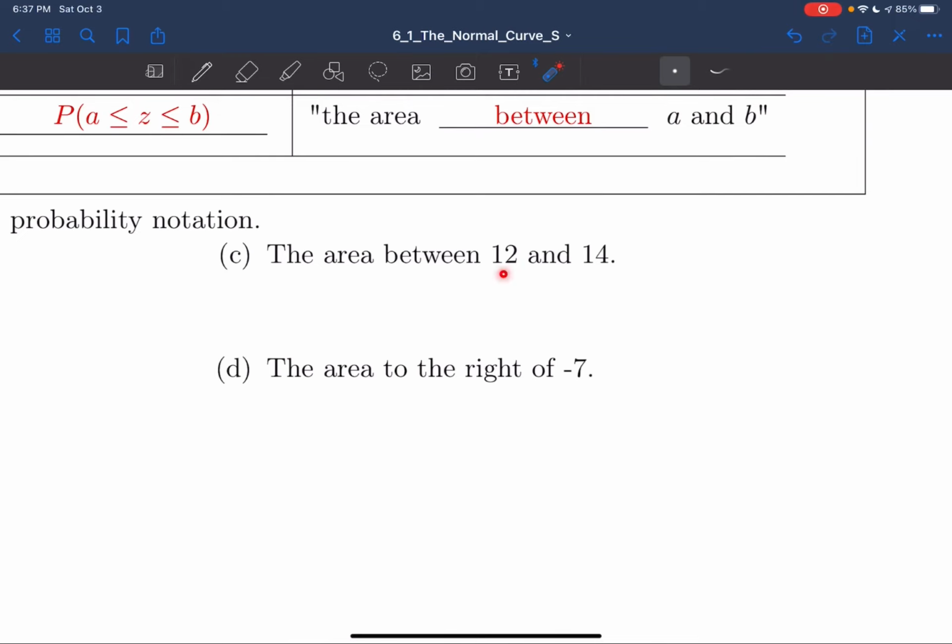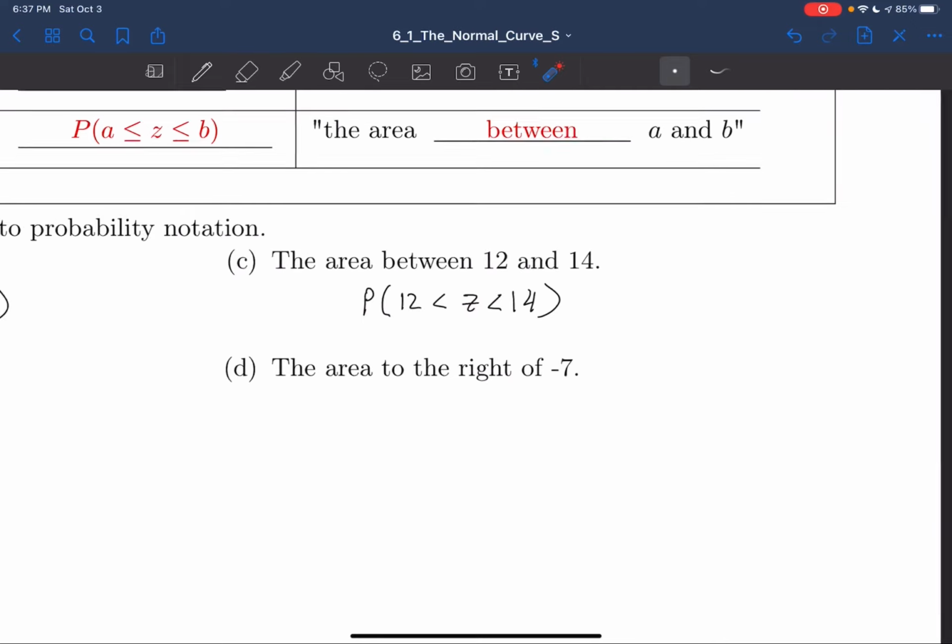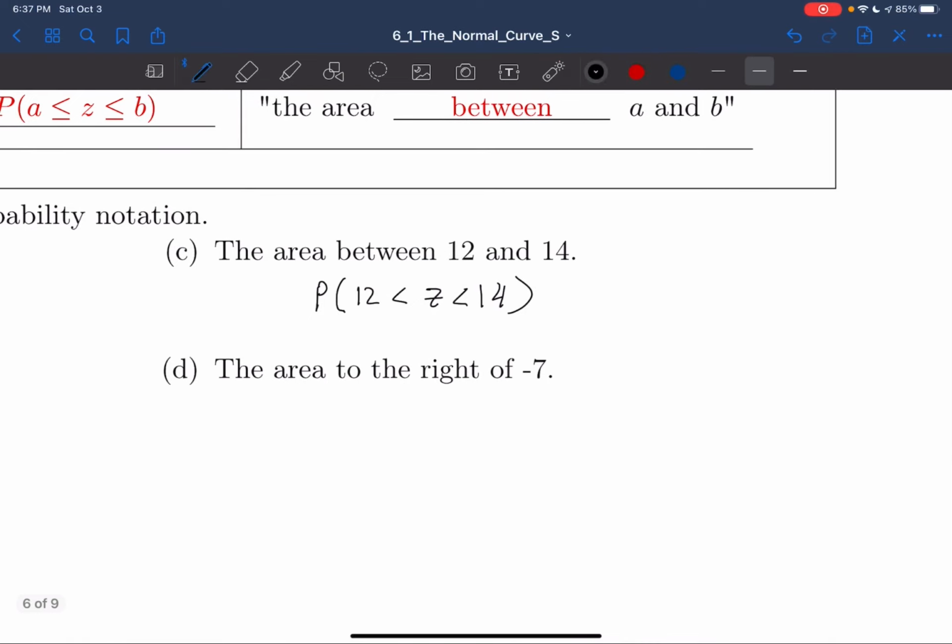How about the area between 12 and 14? Well, this is just going to be the probability of 12 less than z less than 14. So again, this is just notation. This is just saying what is the probability of z between 12 and 14. You could also use less than or equal to.